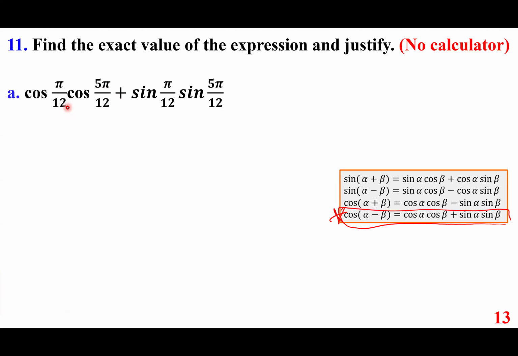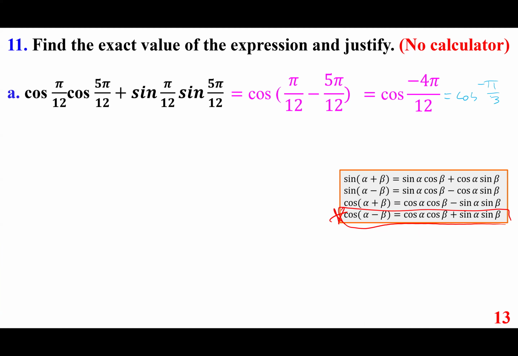And that makes it cosine of negative 4 pi over 12, which makes it cosine of negative pi over 3.